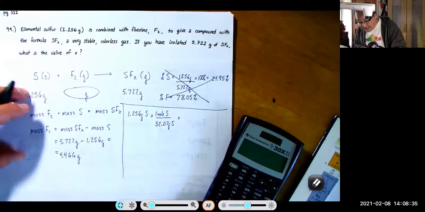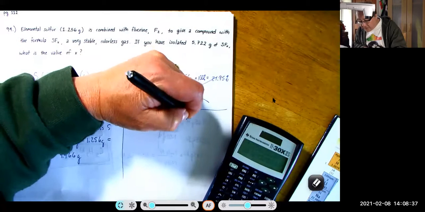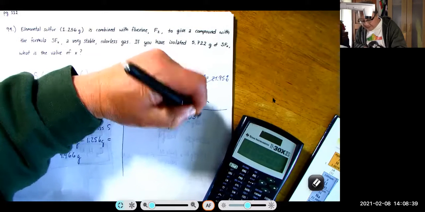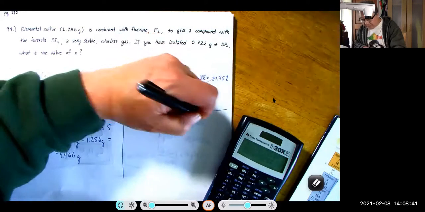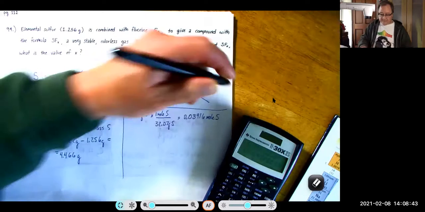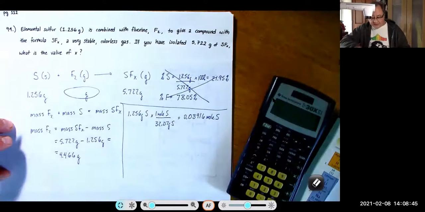So here I get 0.03916 mole of sulfur. Any questions there?